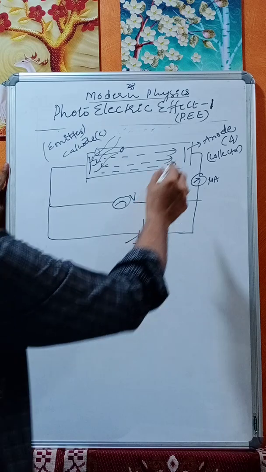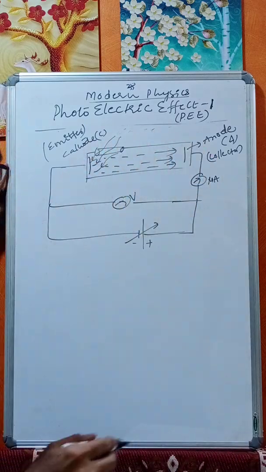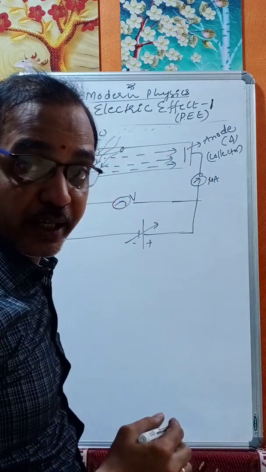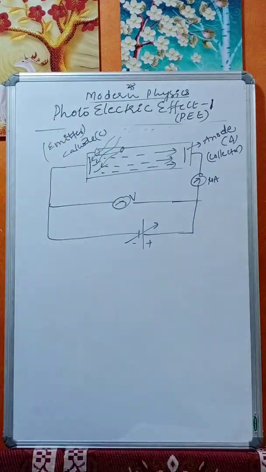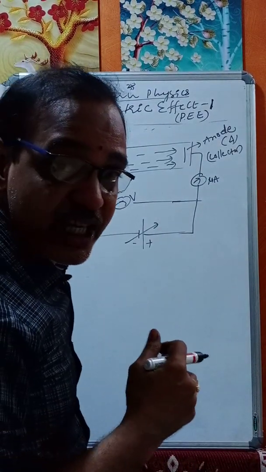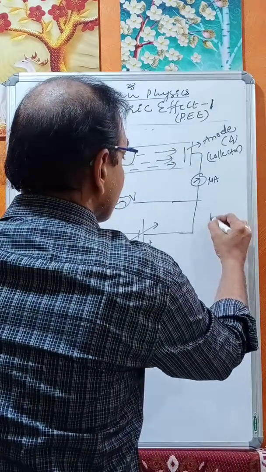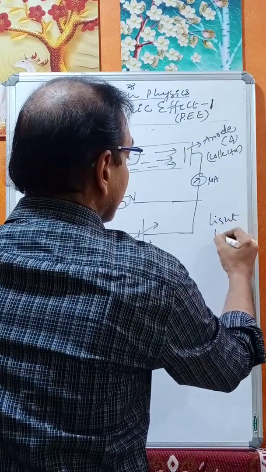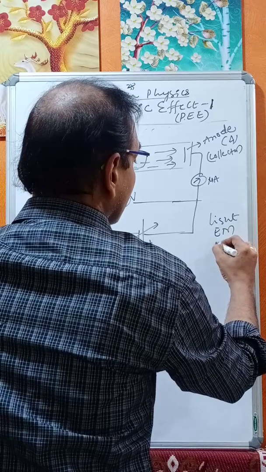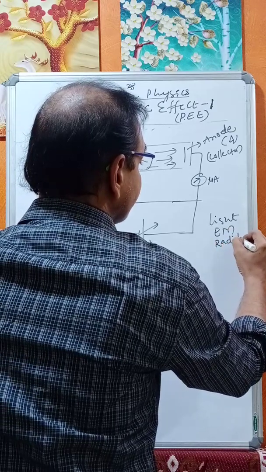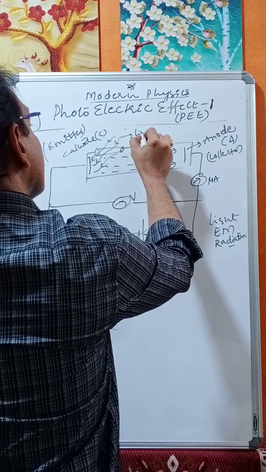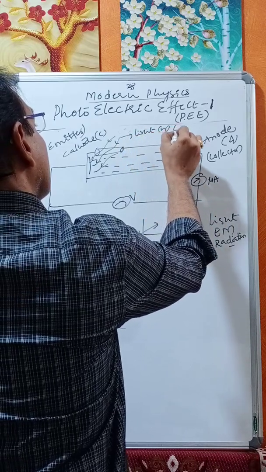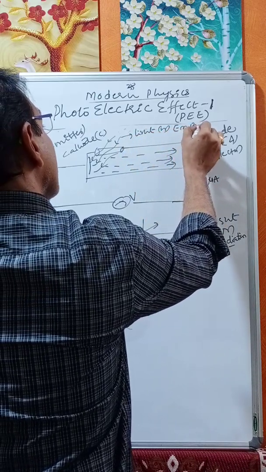Here, this is a glass bulb. So what is basically photoelectric effect? It means when light or electromagnetic radiation, we can say light is electromagnetic radiation.